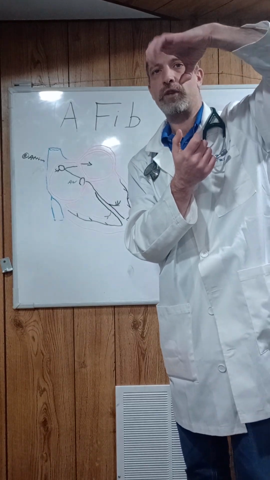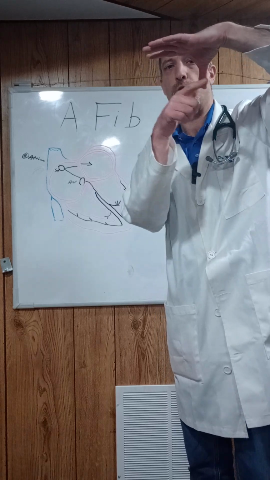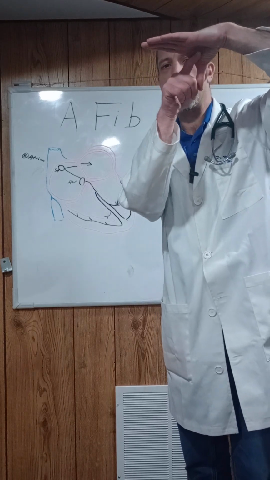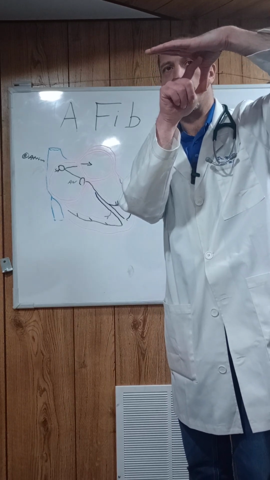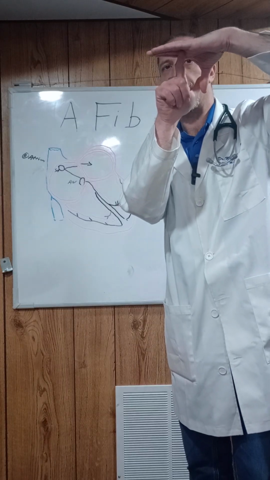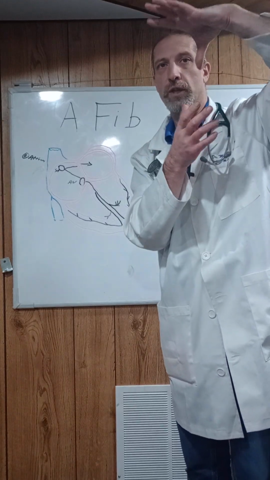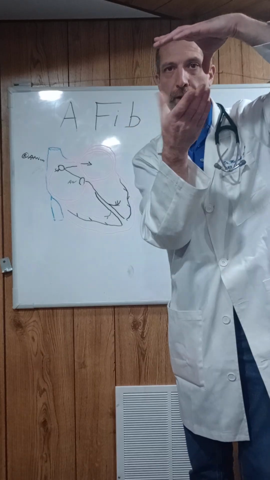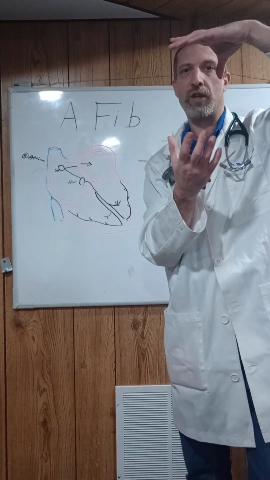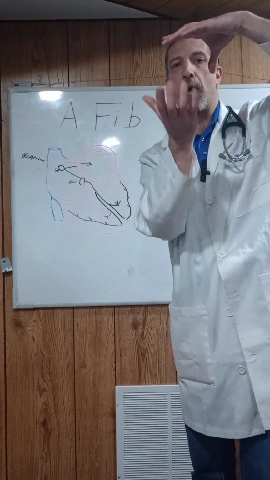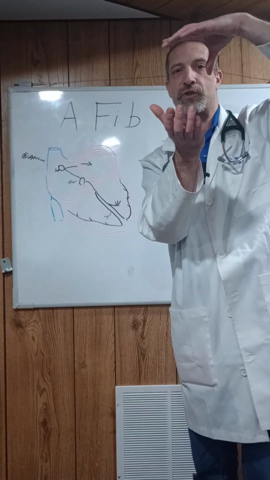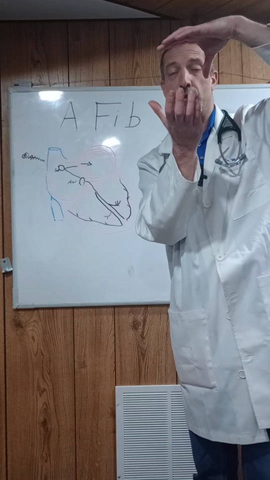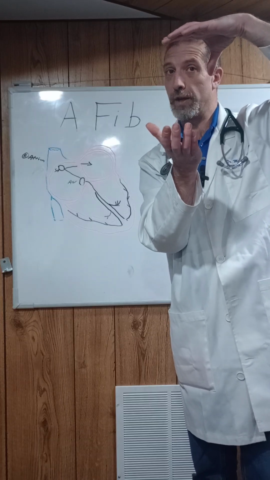Now, as everything's quivering up here, we're going to have our blood that's going to stay here, and the blood's going to coagulate because it does this. Eventually, it will squeeze, bring it down to the ventricles. The ventricles will then contract and go to where it's going. But the potential of blood clots is very high right now, especially if they're not on any blood thinners.